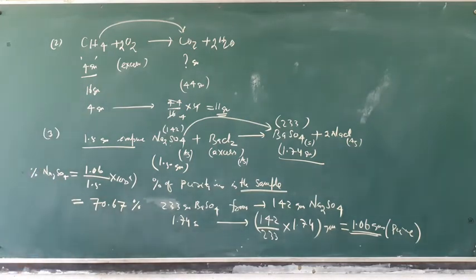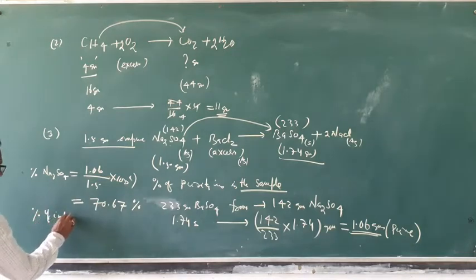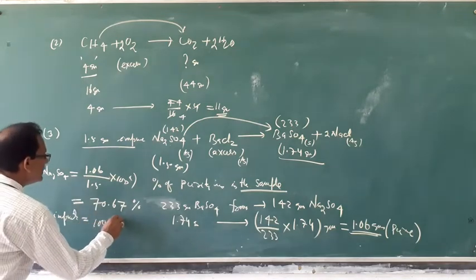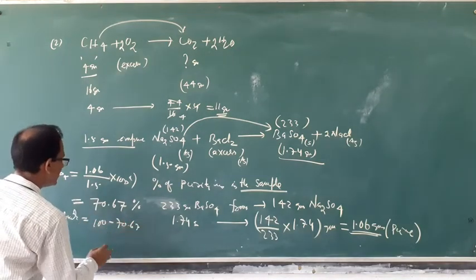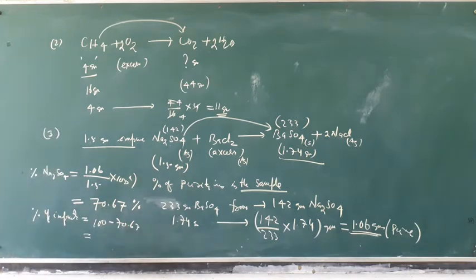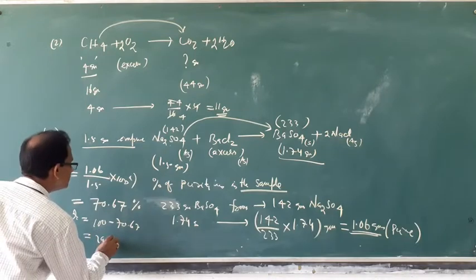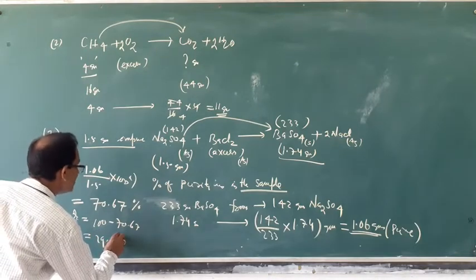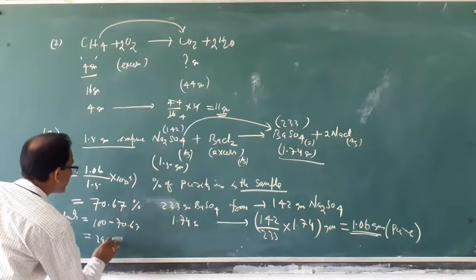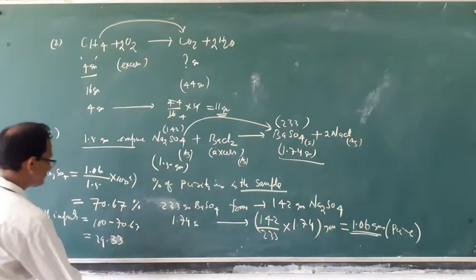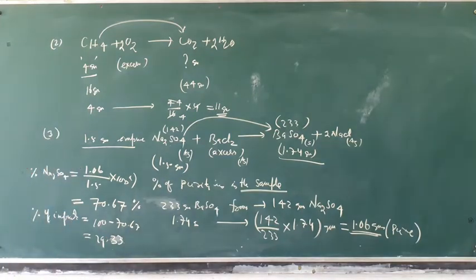Then what is the impurity percentage? The percentage of impurity is 100 minus 70.67. That is how much? 29.33%.